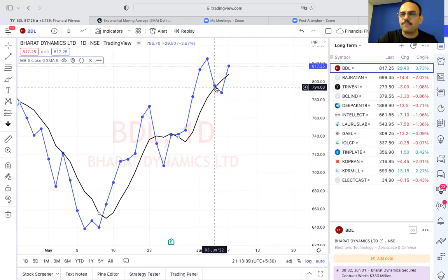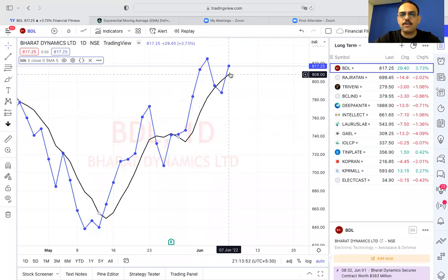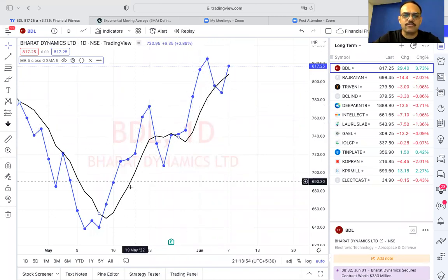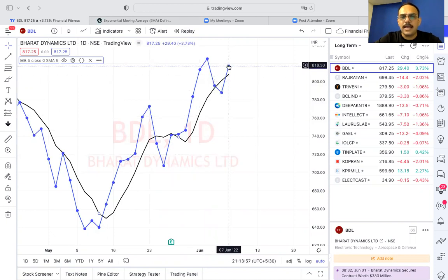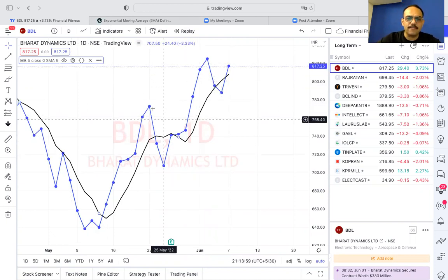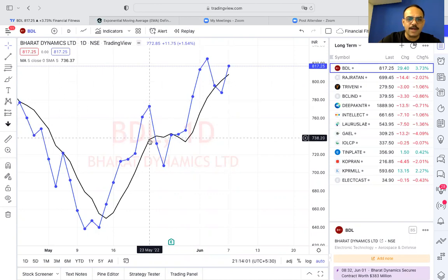So the 5-day moving average is calculated by adding 5 days' closing price divided by 5. Whatever value comes, that value is plotted on this graph in the form of this line. So this line is nothing but, whichever date, let's say if you want to see how this point has come, then 1 2 3 4 5, the 5 previous days' closing divided by 5, the value will come, and in trading we will plot the chart accordingly. Everyone clear?